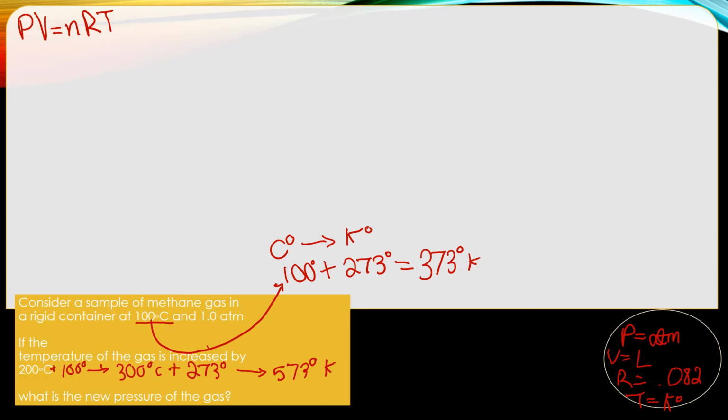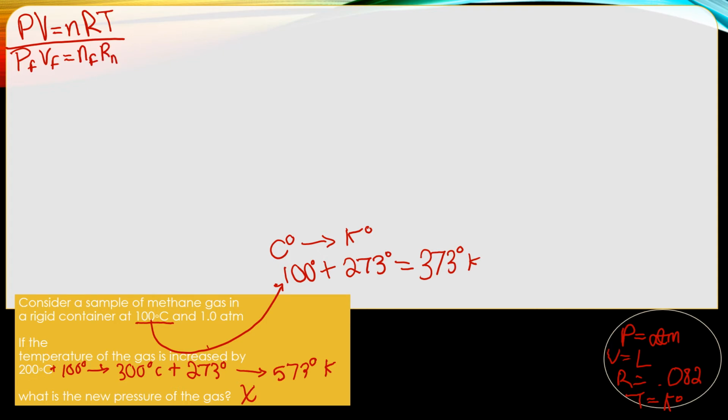The next part is, what is the new pressure of the gas? Since we don't know what the pressure of this new gas is, we are going to leave it and give it the variable of x. Now let's look at our equation that we have written up here. In order for us to get this new change, we have to divide this all by the final volume.